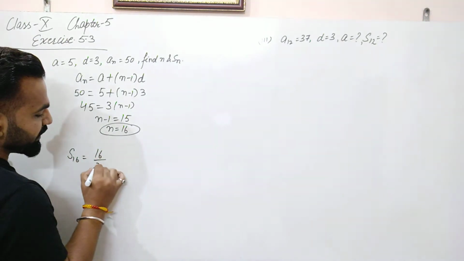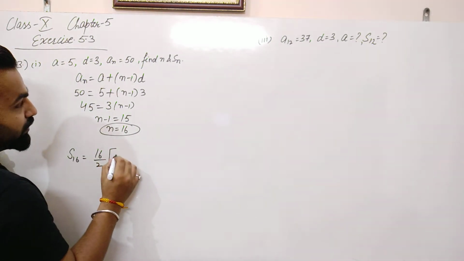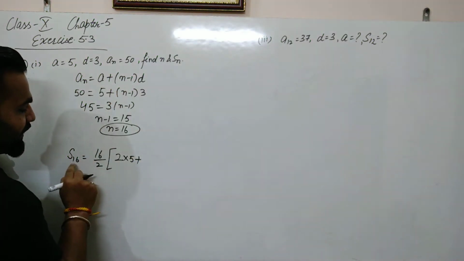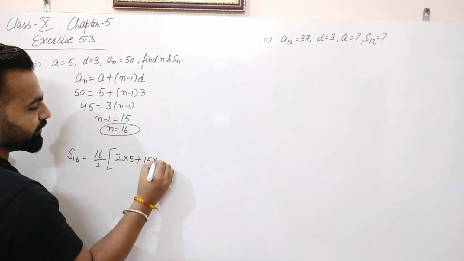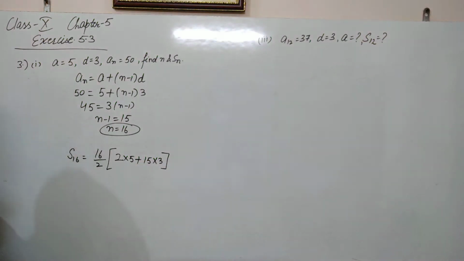S16 will be equal to 16 by 2 into (2 into 5 plus (n minus 1) into d). n is 16, that means 15, into d, which is 3. So we can calculate the value here.